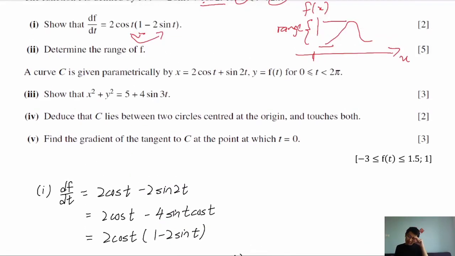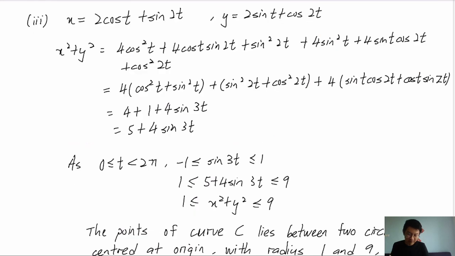For the third part, we have curve C given by this equation parametrically, so x is this expression and y takes the previous expression. First, show that x² + y² is equal to this relationship. It is not difficult to show as long as we substitute in x and y in terms of t and square them.